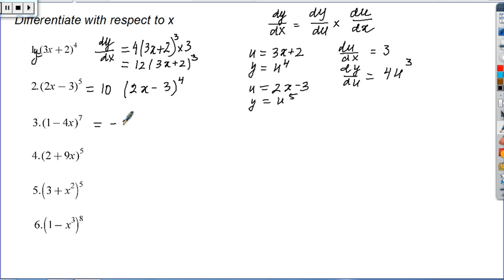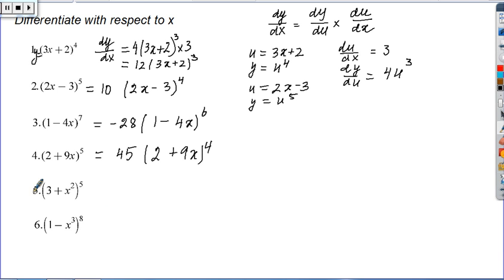In this case, it's going to be minus 28(1-4x)^6. In this case, it's going to be 45(2+9x)^4. Although you don't rush, you need to set out your solution carefully.